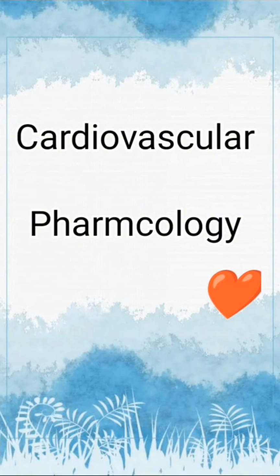Why are nitrates contraindicated in hypertrophic cardiomyopathy? Nitrates are generally contraindicated in hypertrophic cardiomyopathy because they can worsen the outflow tract obstruction, which is the hallmark of this disease. This occurs because nitrates reduce preload, that is the amount of blood returning to the heart, and afterload, that is the resistance against which the heart has to pump.